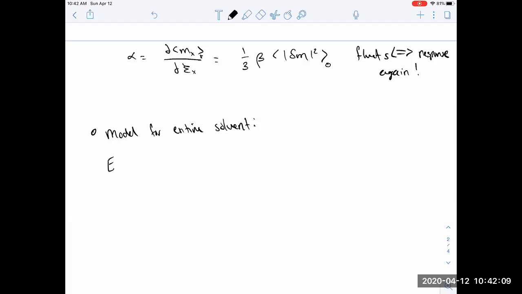Let's denote that energy E. I need to sum over all the cells the energy required to create a dipole within one of those cells. That's that quadratic function we just postulated.